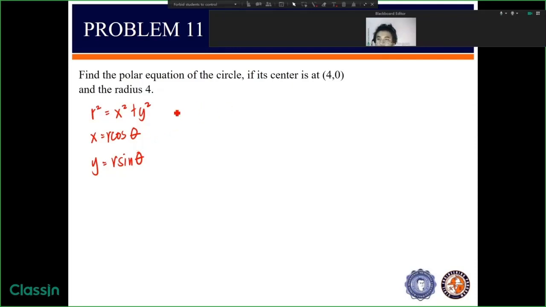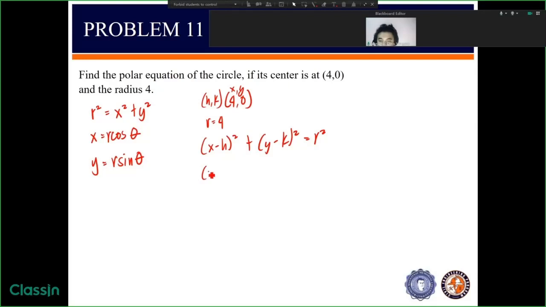Before we convert, we first need to write the equation of the circle. Here, we are given the center of the circle, which is (h, k), equal to 4 and 0. This is the x and y coordinate of the center. We also have the radius equal to 4. Now, going to the standard equation of a circle, which is (x minus h) squared plus (y minus k) squared equal to r squared.